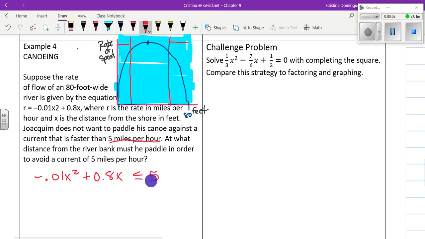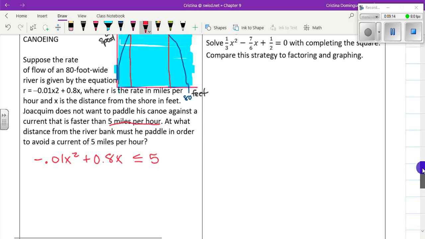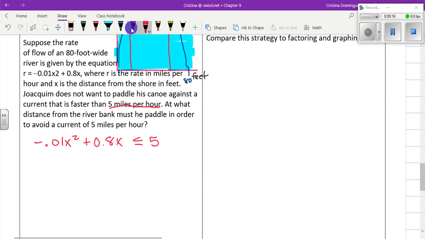Now we're going to use our completing the square. I think the first thing we need to do is make the leading coefficient equal 1. In order to make that happen, two things. We have to change the sign, so I'm going to make this positive, this is going to become negative, and this is going to become negative.